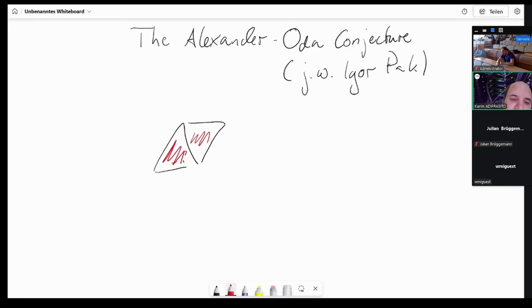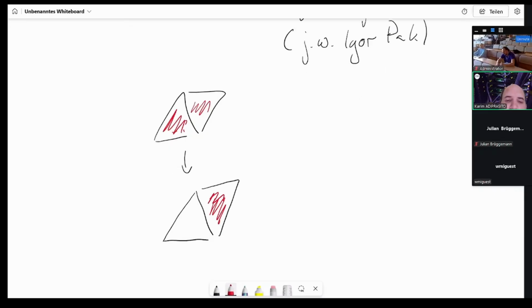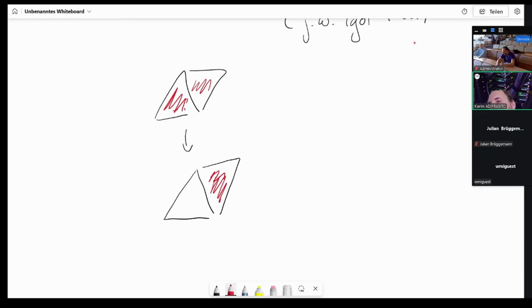Let me make another drawing of the same kind, and then I remove it, and everything that contains it. But now I changed the topology, of course, and I don't want that. I want a new combinatorial object that has the same topology.